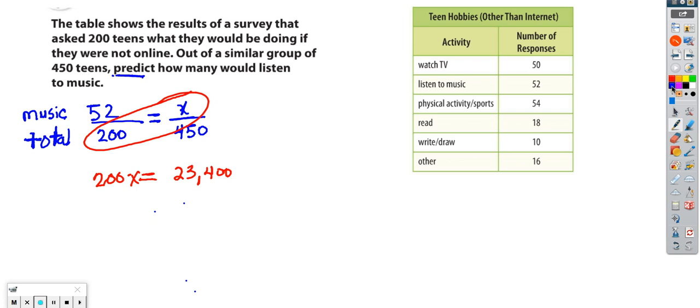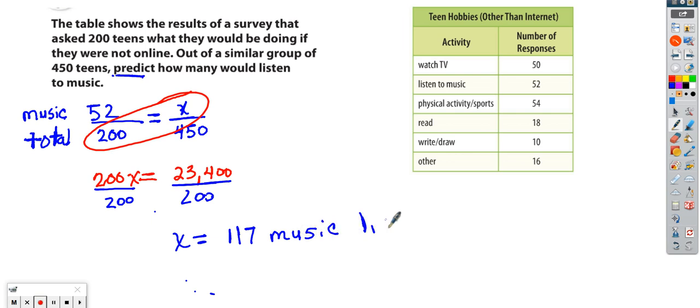We have to undo that 200 times x by dividing both sides by 200. And that tells us that 117 teens, we can make a prediction out of the 450, would be listening to music if they were not online.